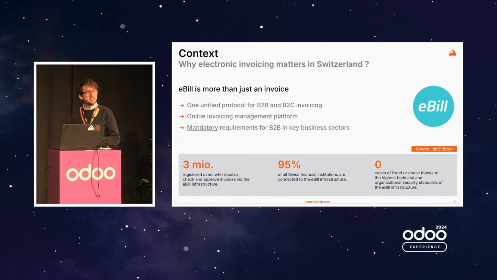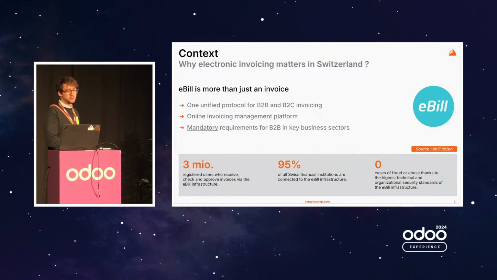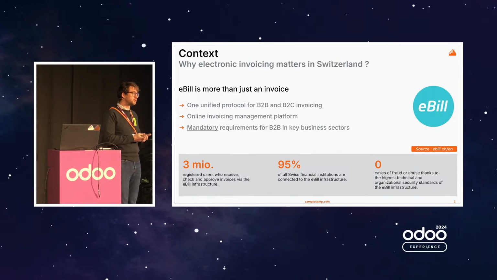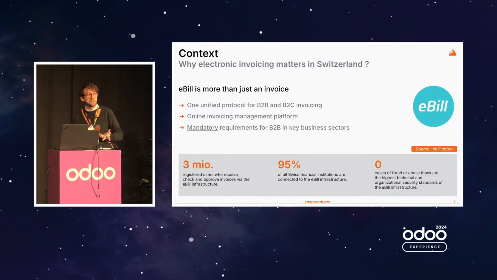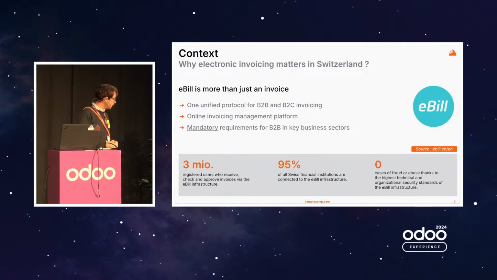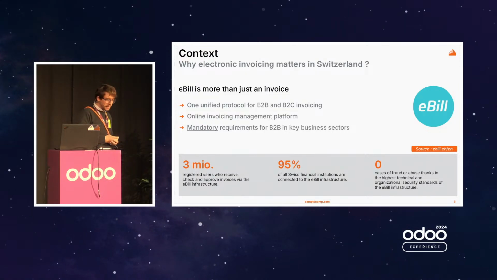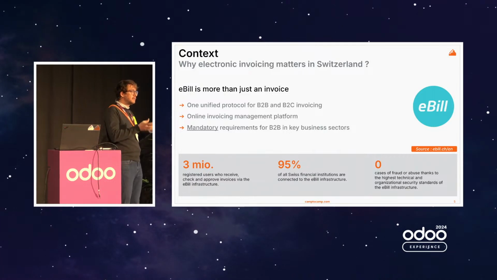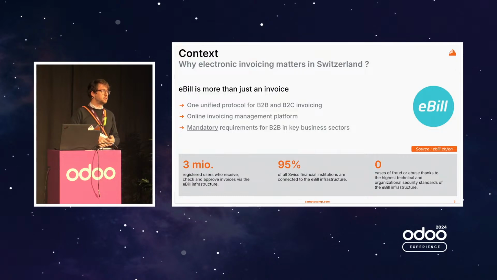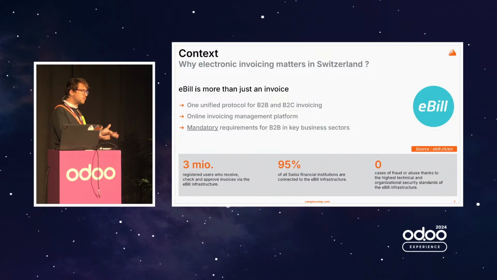But first, what is eBill and what is electronic invoicing in Switzerland? So eBill is a unified protocol for B2B and B2C invoicing, so it's used by both persons and companies. It's also an online platform where you can connect to manage your invoices, your settings, your IBAN account, all different stuff.